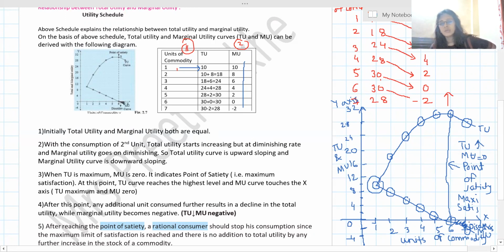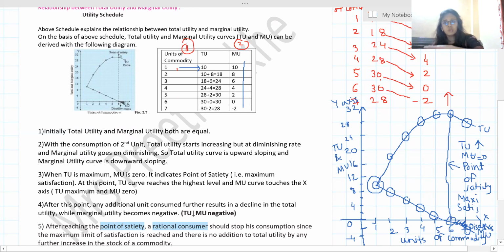That is, disutility starts. So students, what all have we discussed so far? What TU means, what MU means, with formula. That is the introductory part. That is not compulsory, but it will create a good impression. Then we will draw that table. While writing that table, I told you to write 7 commodities.